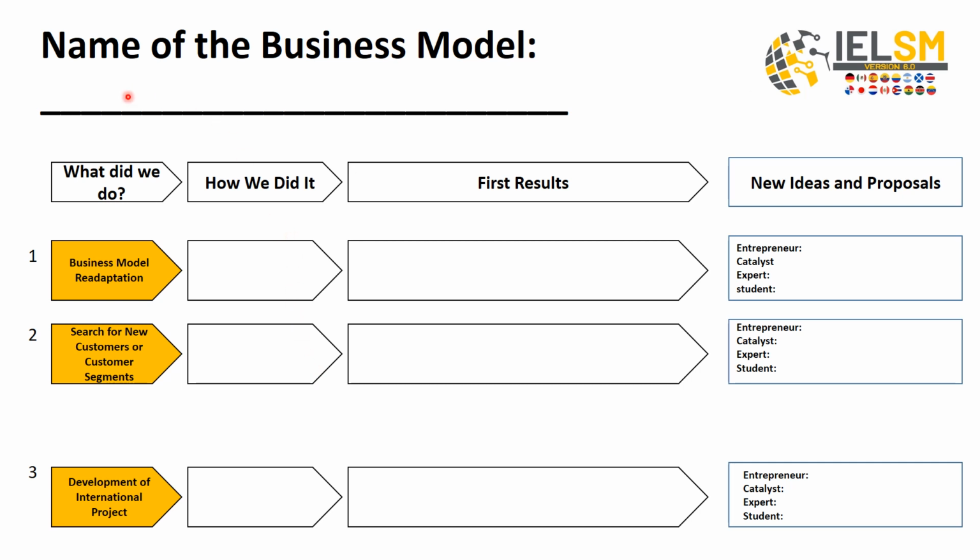In this case, you write the names of the business model, and you concentrate, please, on the first two questions. What did we do? You made in the session a redaction of the business model, and also you searched for new customers or customer segments for the business model.